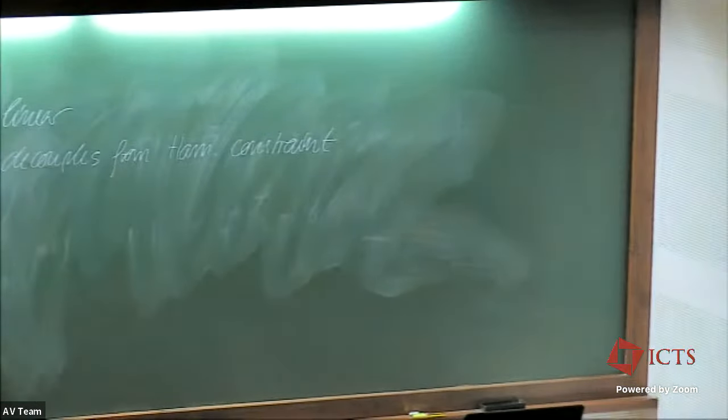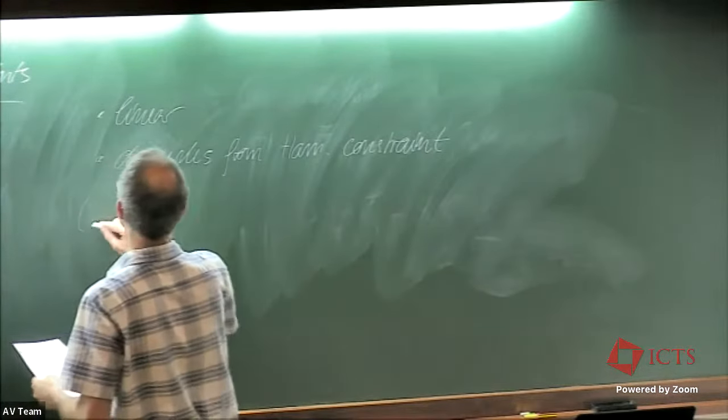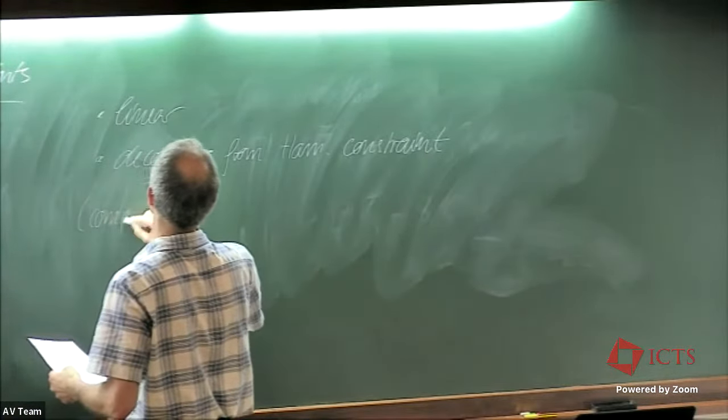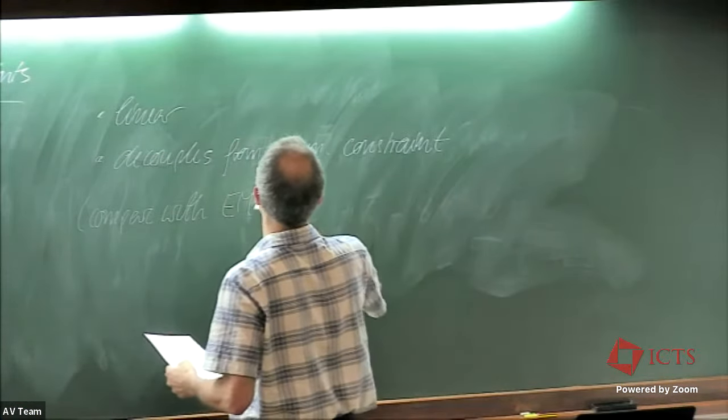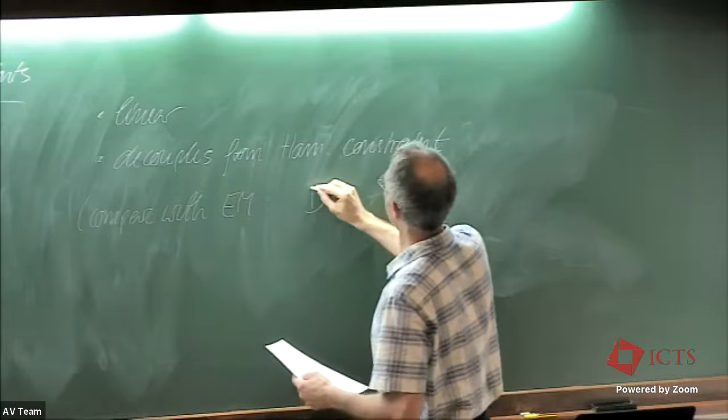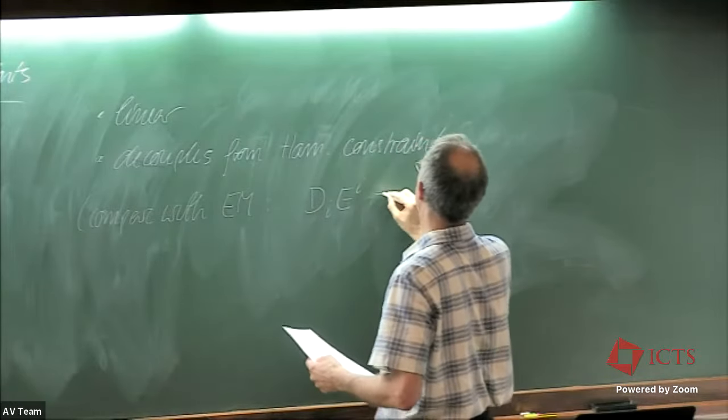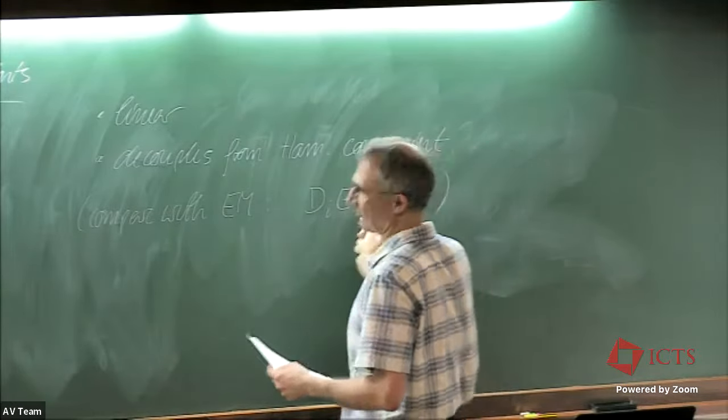Now also notice that this equation is very similar to Gauss's equation in E&M, where for vacuum solutions we would solve the divergence of E equals 0.